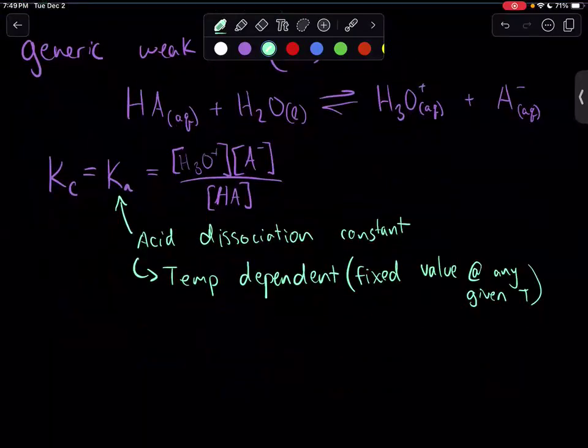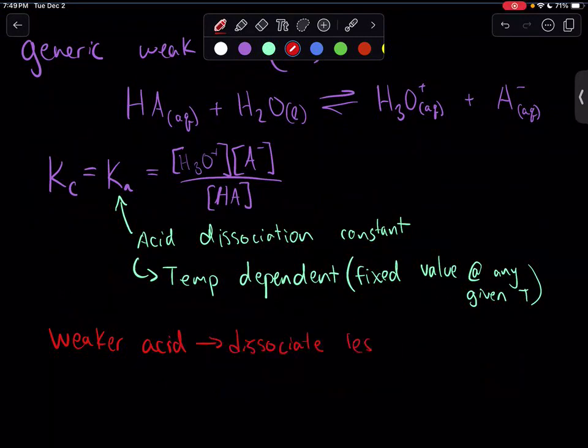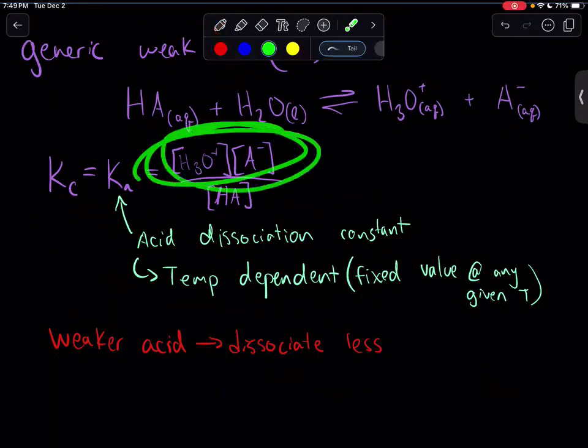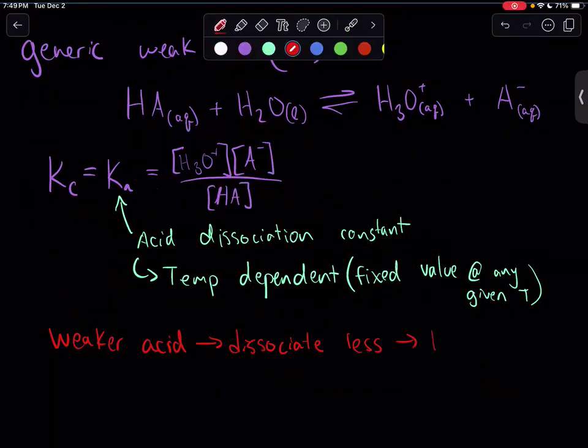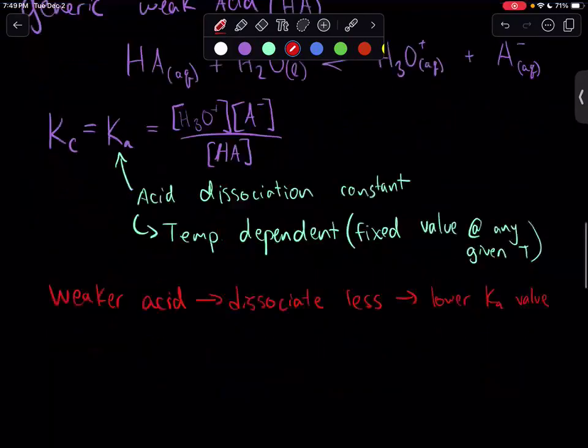Furthermore, we know that a weaker acid will dissociate less, and therefore we will have less of this top product, meaning that it will have a lower Ka value. So now we can measure strengths of weak acids relative to one another.